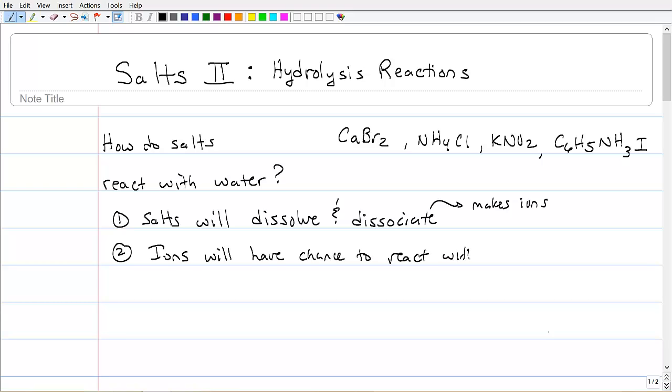And when they do this, they're going to try to do this for one reason, and that is to make an equilibrium with their parent acid or base.